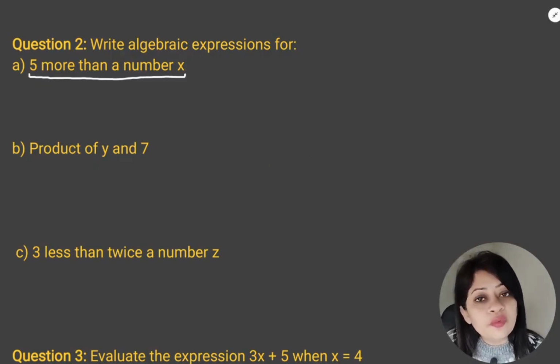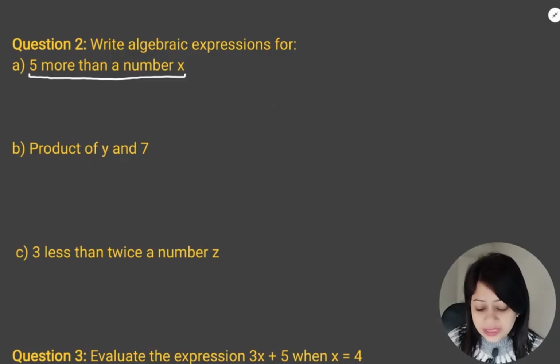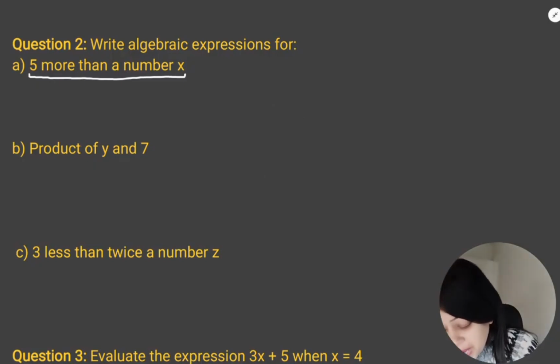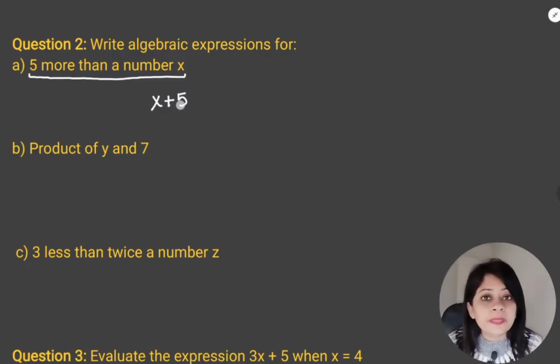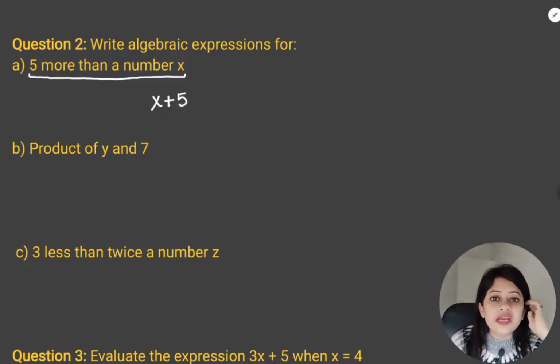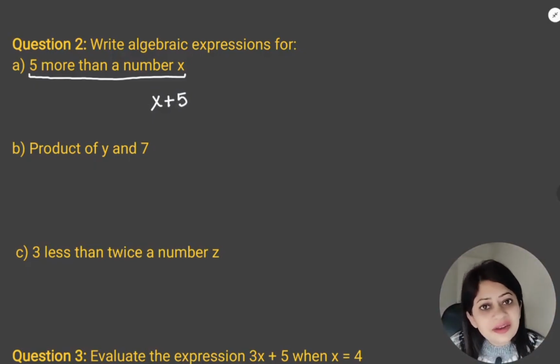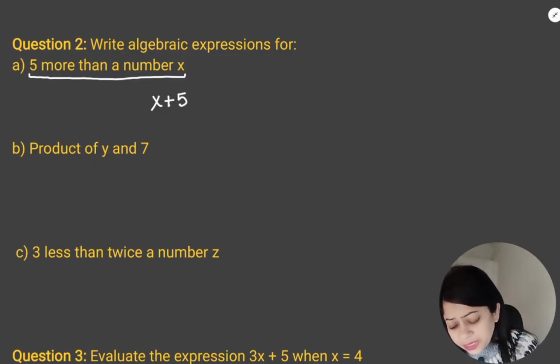What did you do for more? You added. Likewise here, 5 more than x is x plus 5, because for more than we add, and for less than we subtract.